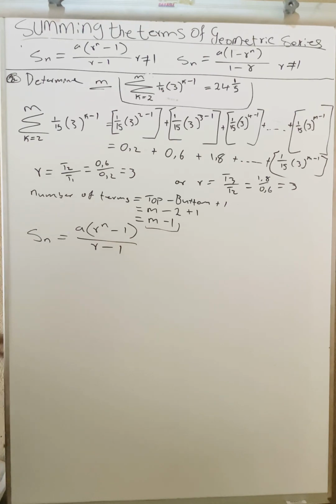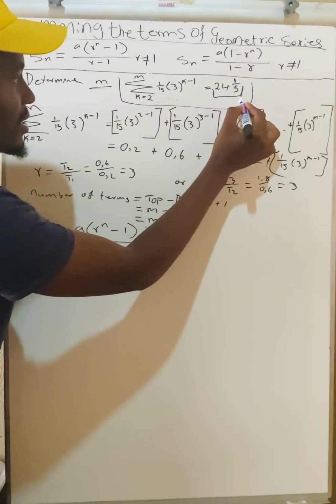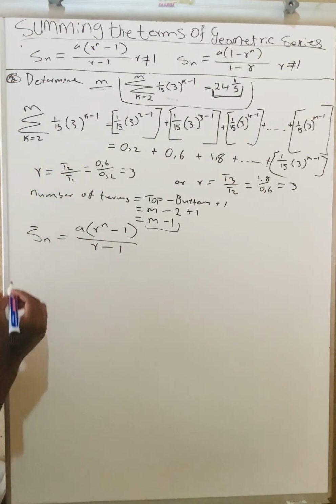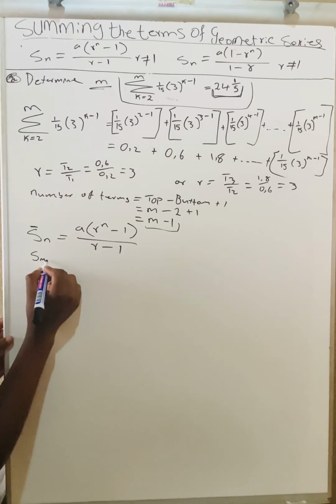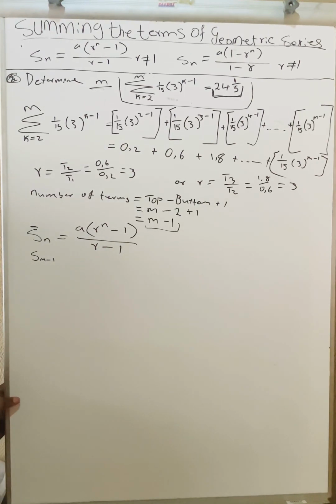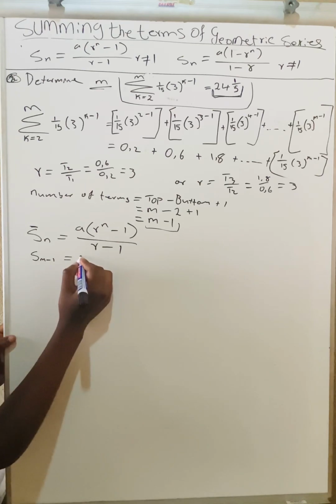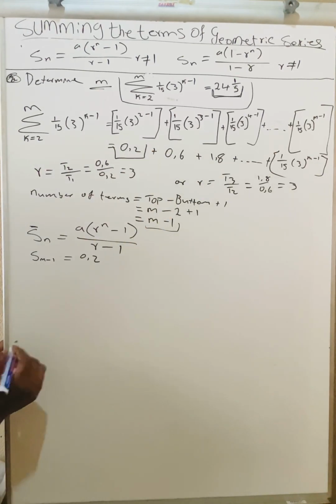But you already know that you are given the sum of the sequence, which is this number. Then you can just say S, and where you see n, you say m minus 1. Then from here, what is your A? It is 0.2, from the sequence.